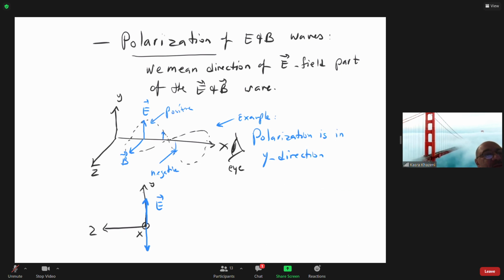Okay? And this is the polarization. So the polarization is in the Y direction. Okay? That is what we mean by polarization of light. It's just the direction of the electric field of the radiation. Okay? All right.